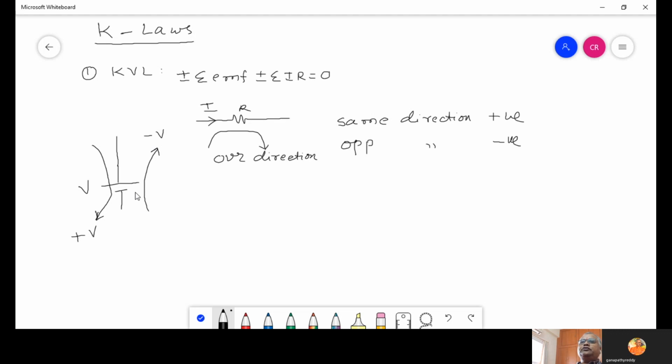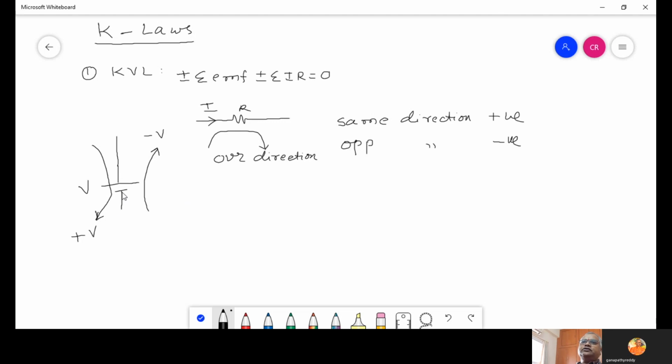So going from negative to positive is minus, positive to negative is plus. If we change this as minus and this as plus, then automatically this will become plus and this will become minus. So we have a freedom, but this is what I follow in the entire topics. Most of the standard books also follow the same, local books follow the reverse.